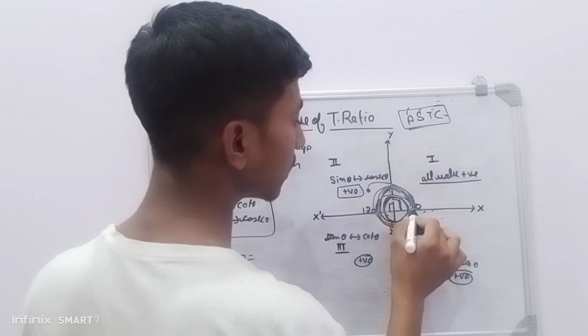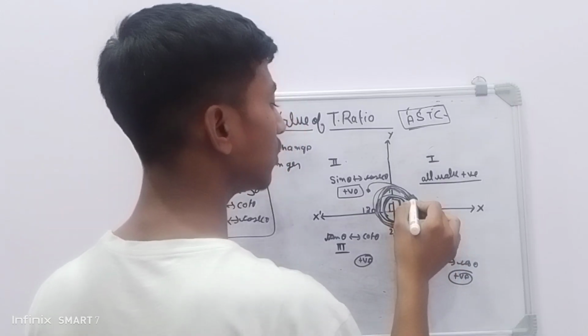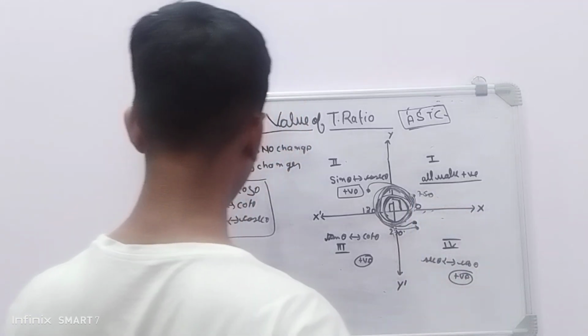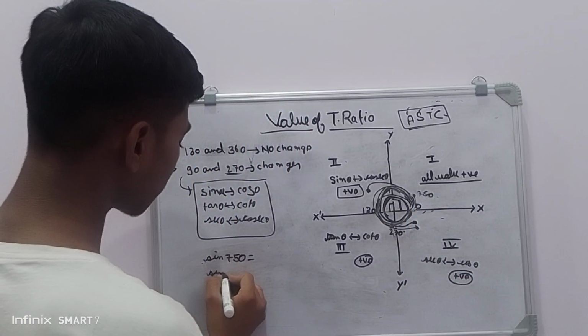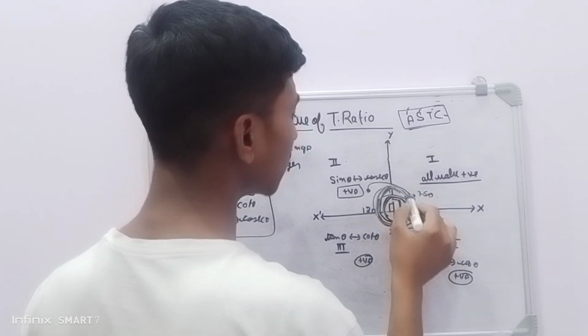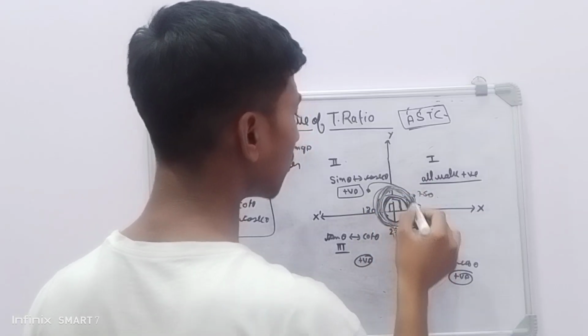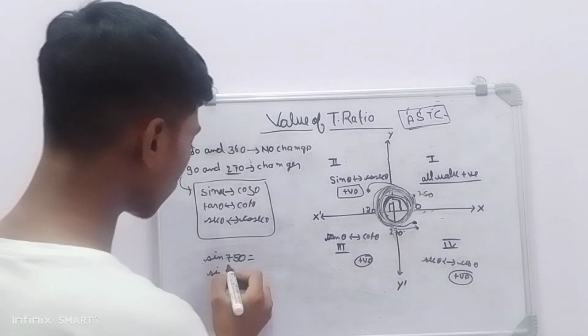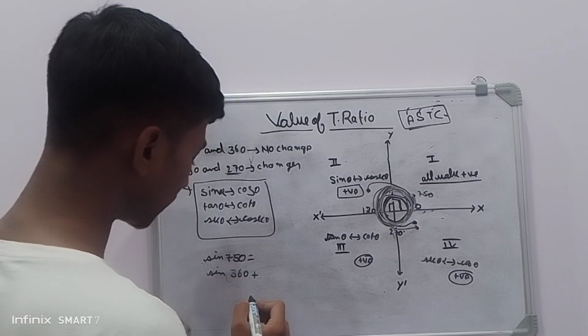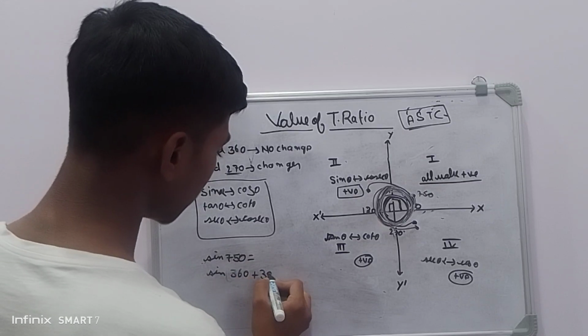So here you will get 720 and something more, which is equal to 750. So you could write this, after two revolutions, as 360 plus 390.